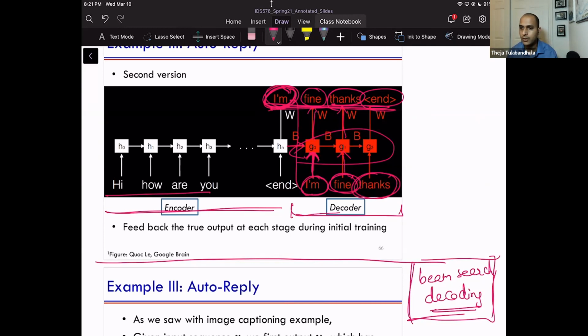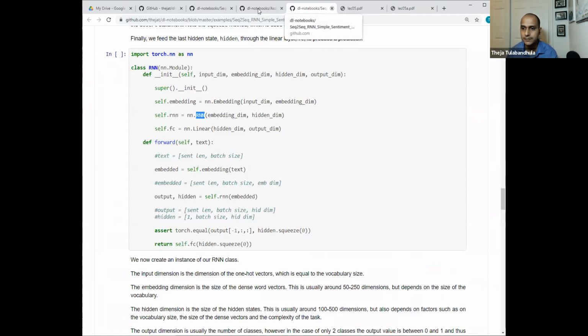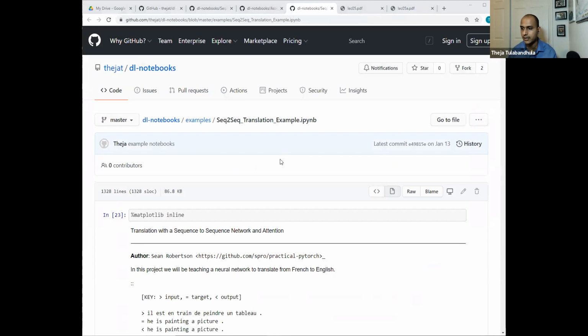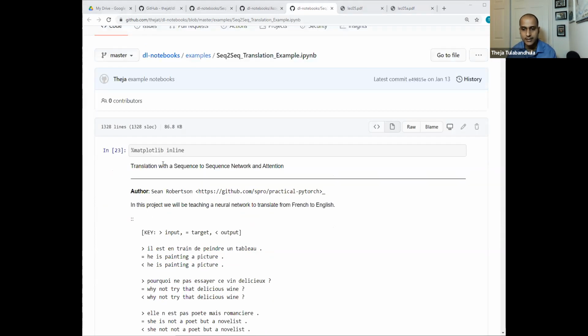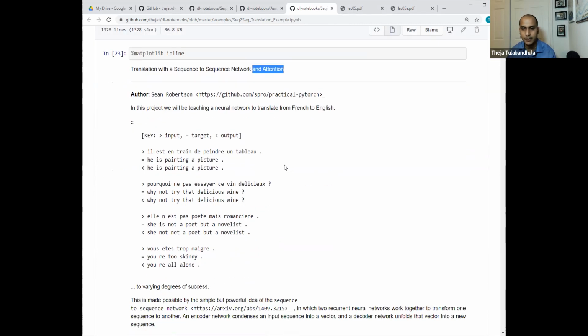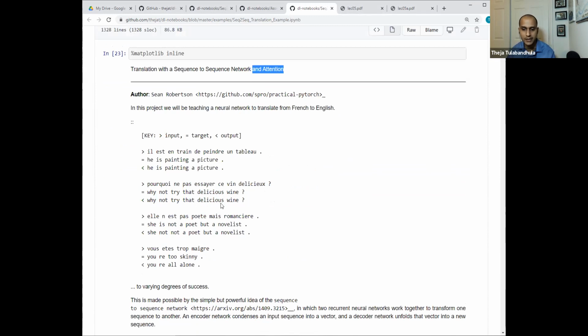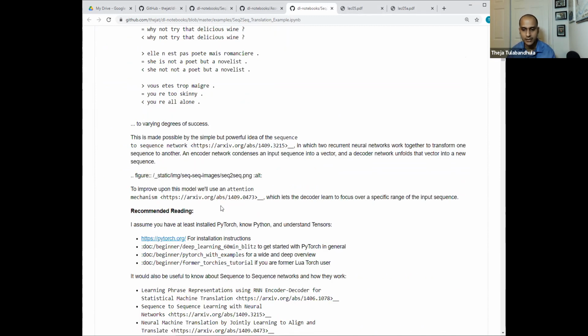It's in the examples, and it's linked on assignment 3 question 2. This is actually a translation example. It also has an extra step, attention, which we haven't discussed yet. They do both with attention and without attention, so let's look at with attention.